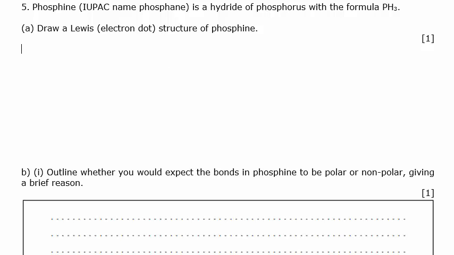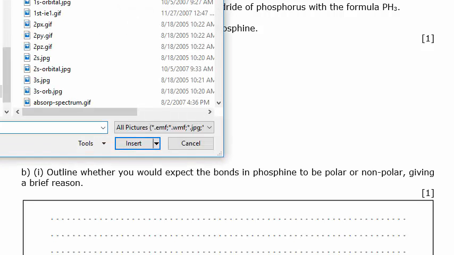Well, I can't draw it with the computer very easily. I suppose I could use screen draw. No, let's not. Let's insert a picture just so we can see what phosphine should look like.